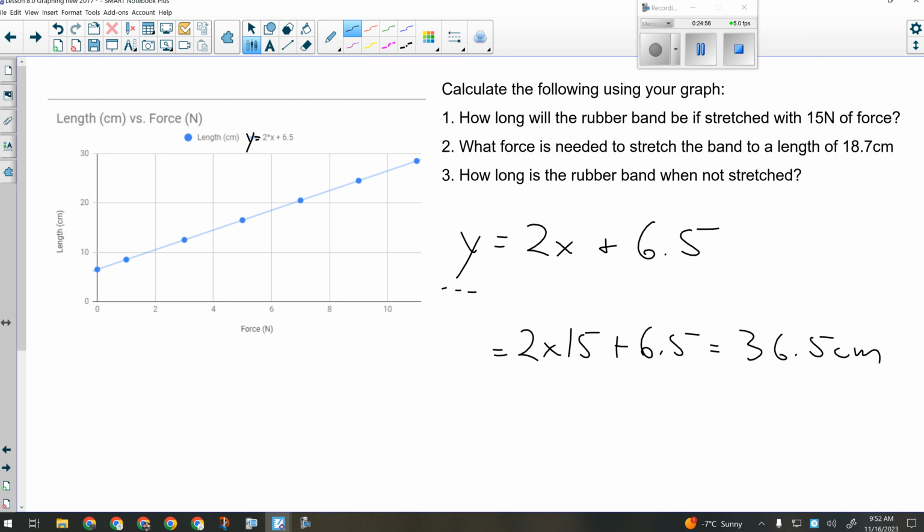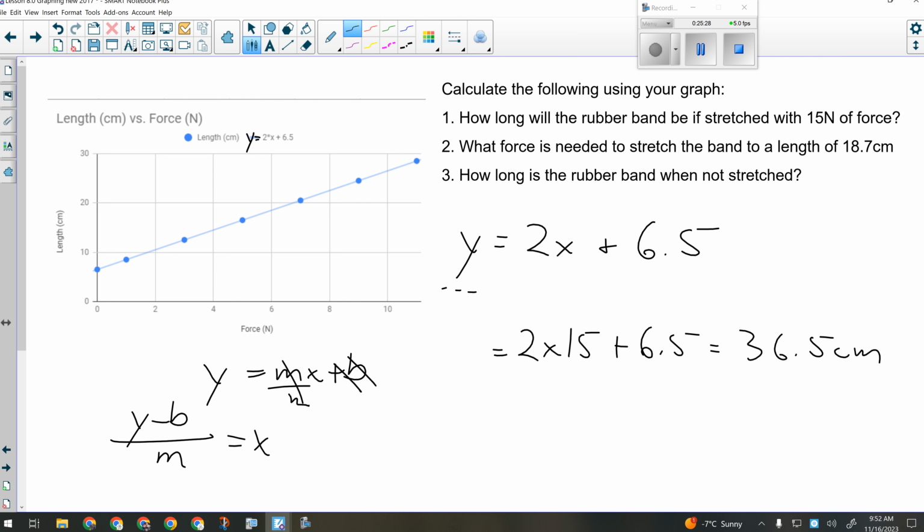What force is needed to stretch the band to a length of 18.7 centimeters? What did they give me? They gave me y, centimeters, length. They want me to find force. That's on the x-axis. Do you guys follow the kind of thought process we need to go through for these? So I need to take this formula and manipulate it for x. I'd subtract b from both sides and then divide both sides by m. That'll leave me with x.